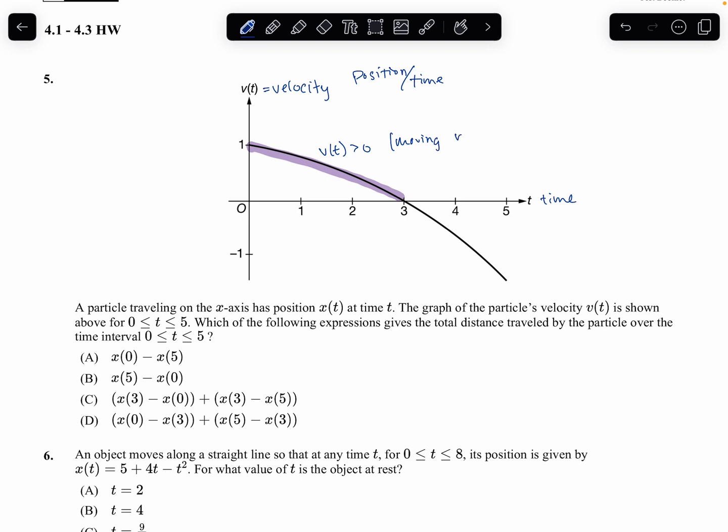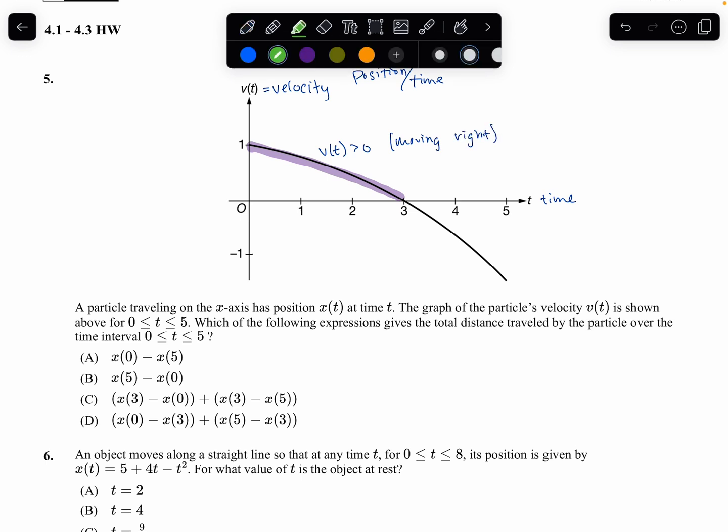So moving right, and then here, this is when v of t is less than 0. We are moving left here. The particle is. Which of the following expression gives the total distance traveled? So gives the total distance traveled.